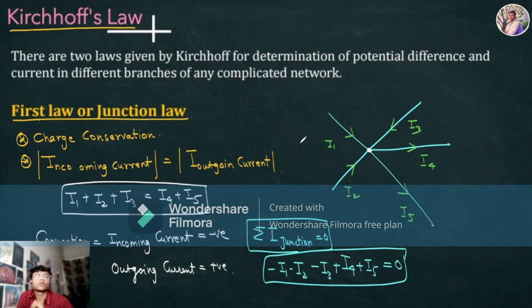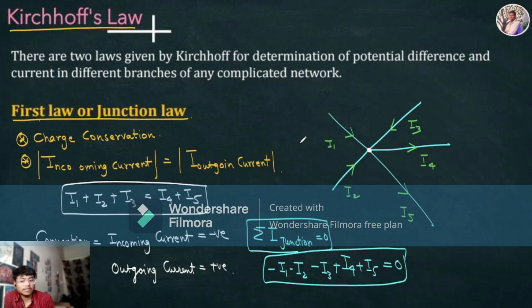So now we talk about the very important laws in this chapter, Kirchhoff's laws. There are two laws for the determination of the potential difference and current in the different branches. If there are multiple branches, like a very complicated circuit, we have to find the potential difference in one part, in the second branch.